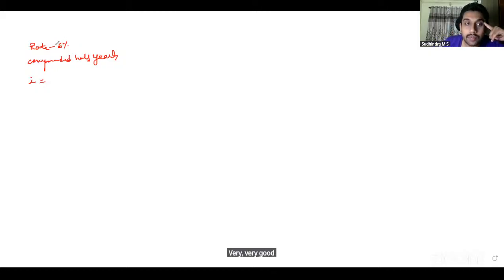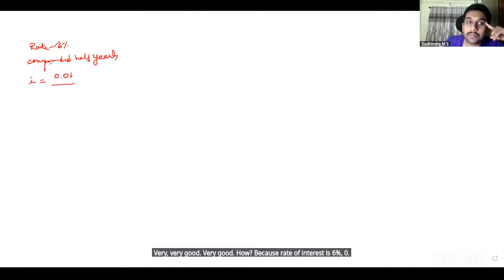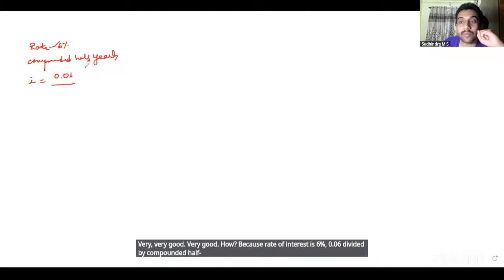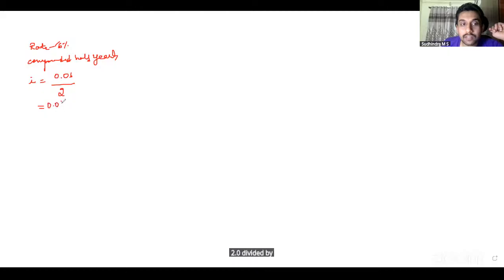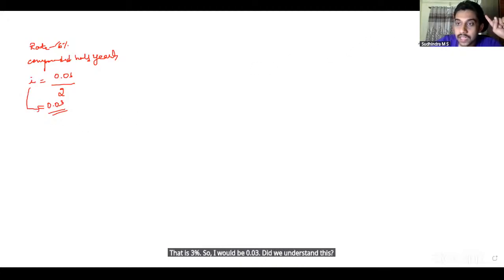Very good. How? Because the rate of interest is 6%, 0.06, divided by compounded half yearly, which means in a year, how many compounding? 2. 0.06 divided by 2, we get 0.03. That is 3%. So i would be 0.03. Did we understand this? Yes, sir.